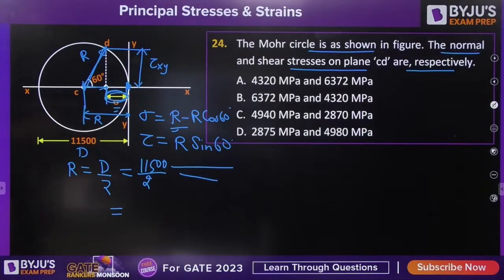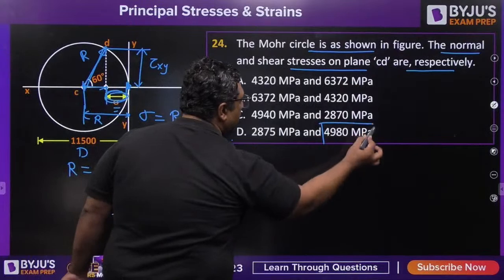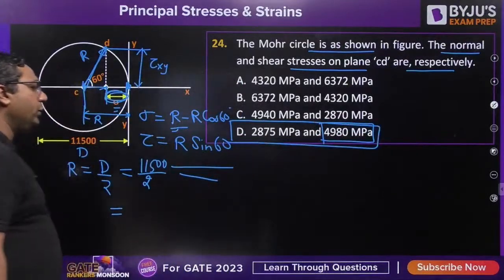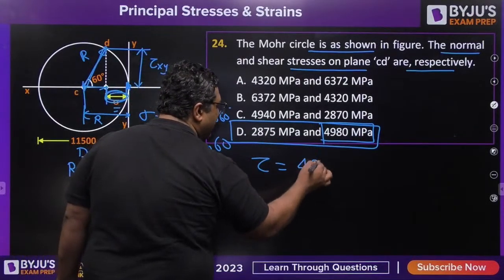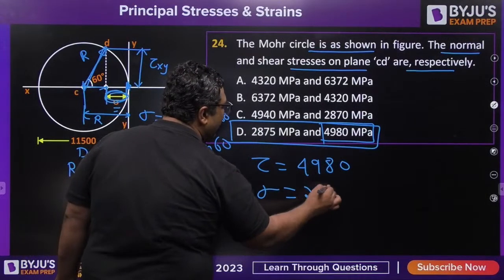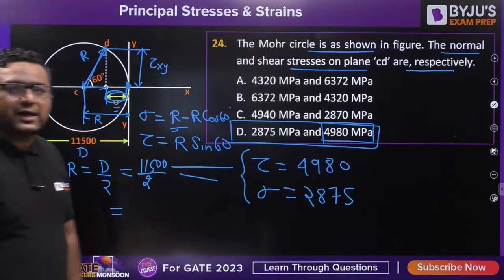Yes, the answer is coming out to be 4980 MPa. D is correct. So you will be getting tau as 4980, sigma as 2875. Yes, that is the answer, guys.